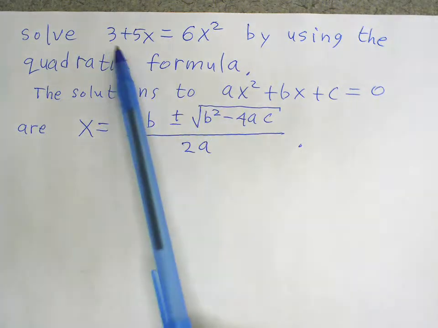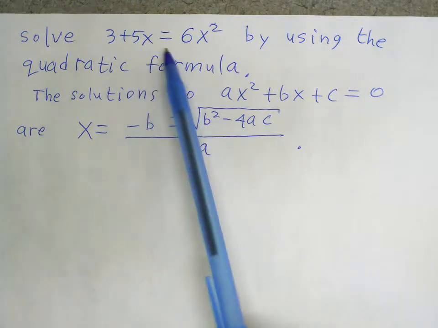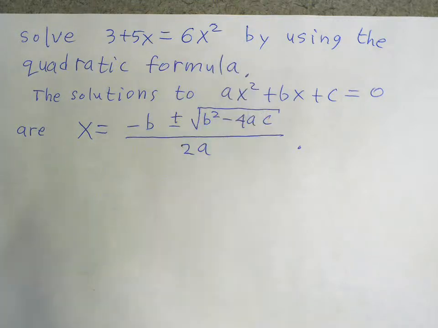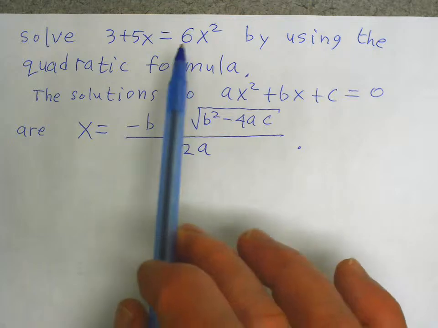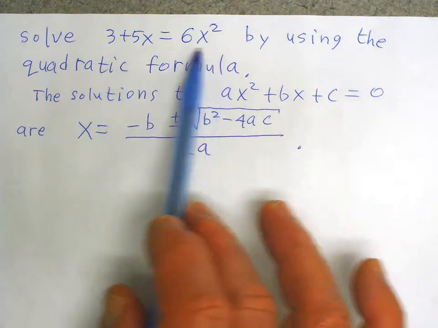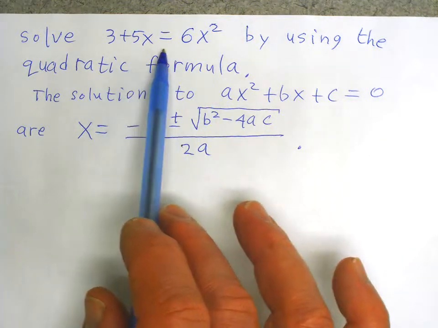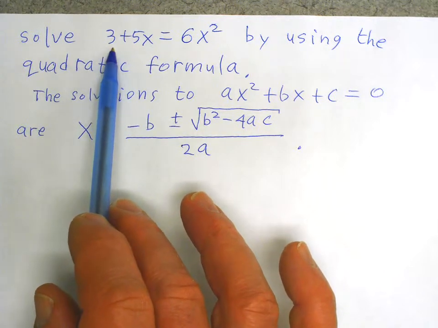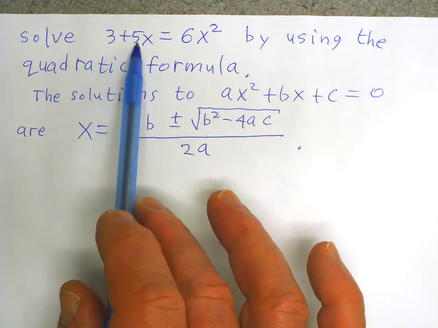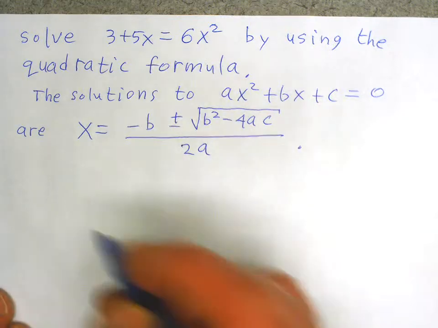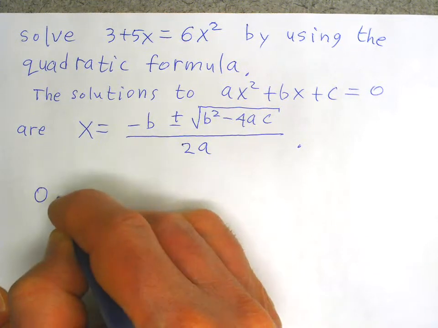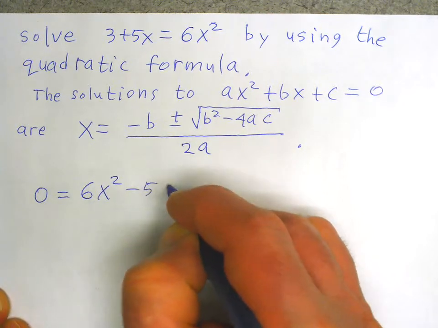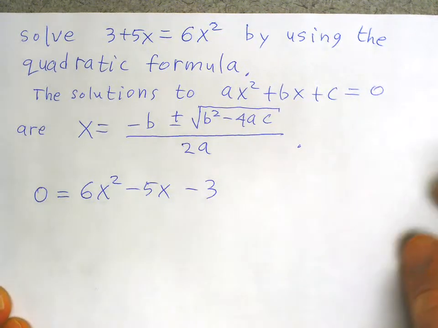Okay, so in this quadratic equation, we want to make sure that we get it into standard form first. There are two ways that you could write this in standard form. If we subtract 3 from both sides and subtract 5x from both sides, then we get 0 equals 6x squared minus 5x minus 3.